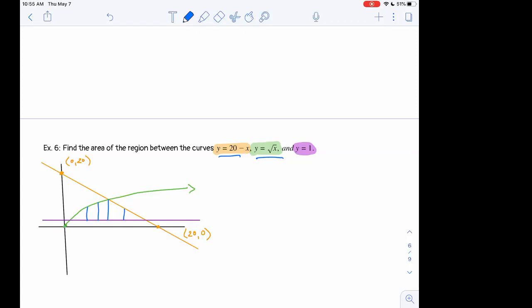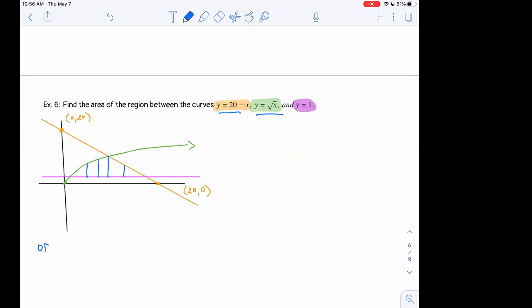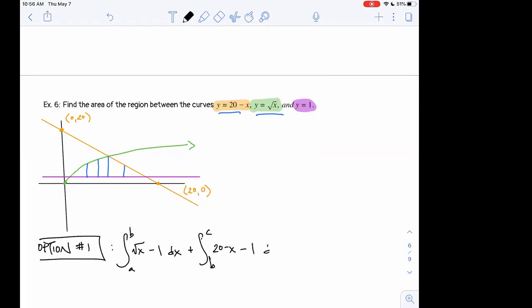So what that means is that one of our options is to split our integral. Option 1 would be to have the integral from a to b of the green curve minus the purple curve dx. And then to that, you're going to add the integral from b to c of the orange curve minus the purple curve.